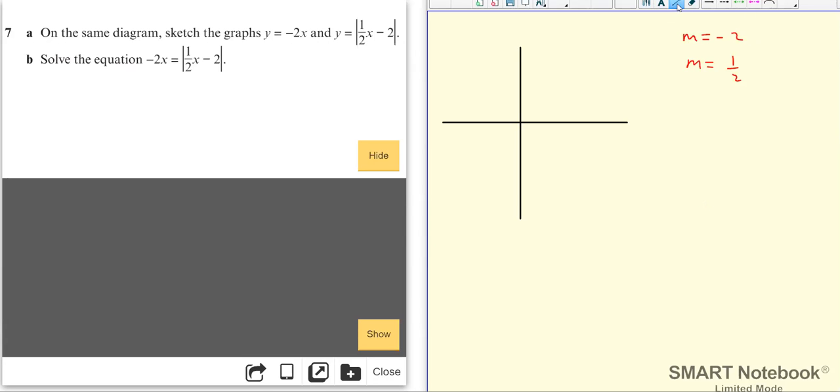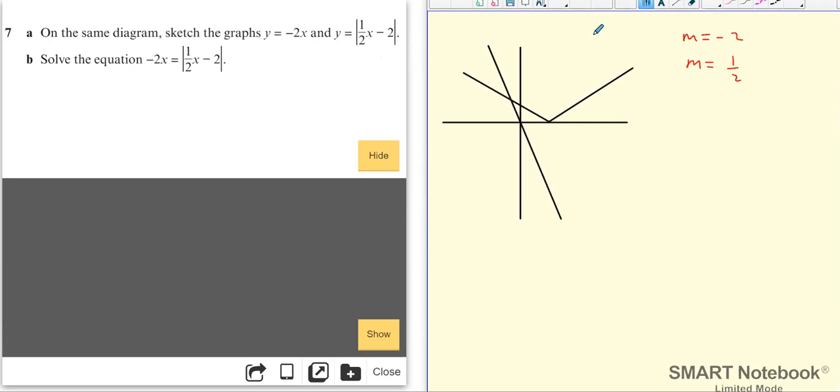So how's this going to have an impact on the way I draw it? I'm going to draw minus 2 very steep like this. And then when I draw the 1/2x graph, I'm not going to draw it as steeply. So 1/2x minus 2 is going to look something like this and this.